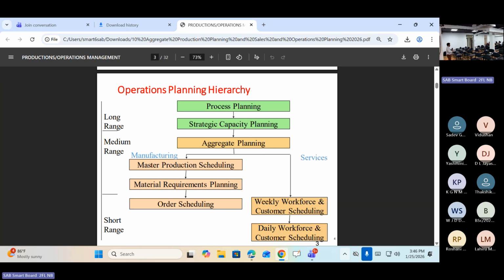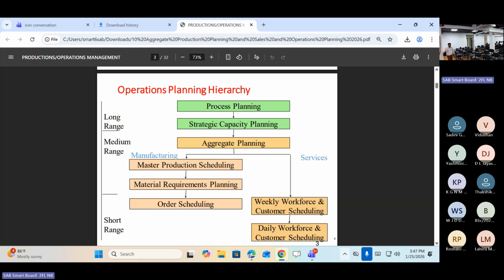That is also important, but in our discussion today, our focus is on the aggregate plan: planning related concepts, how to complete the steps, what factors to consider, and what the different strategies are.